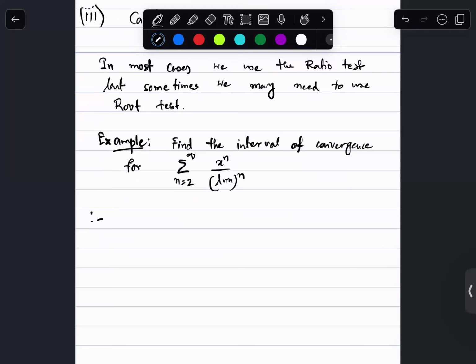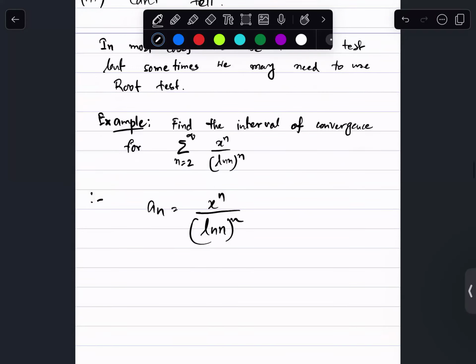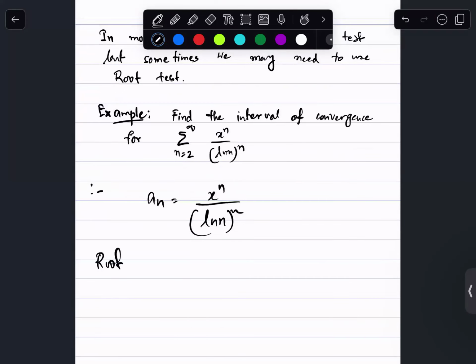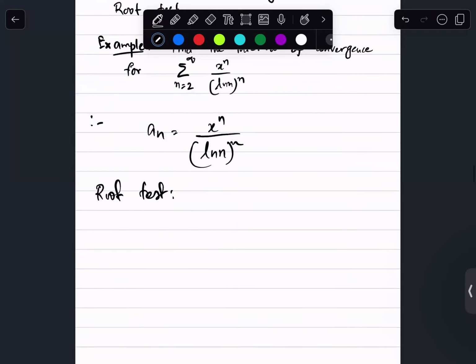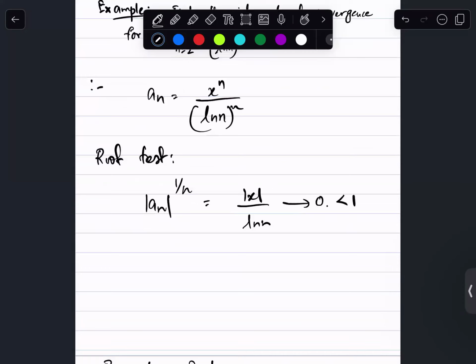As you can see in this example, if I take a_n to be (x^n / ln n)^n and apply the root test, then I get modulus of x over ln n, which tends to 0, which is less than 1 for all x. So therefore, the series converges for all x.